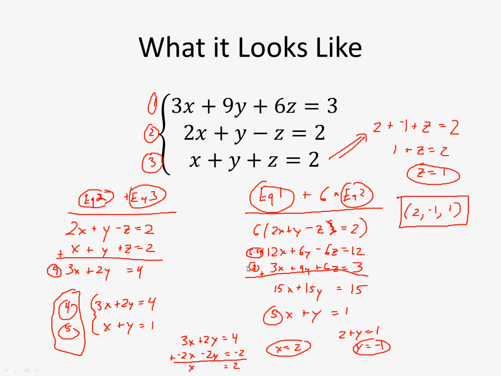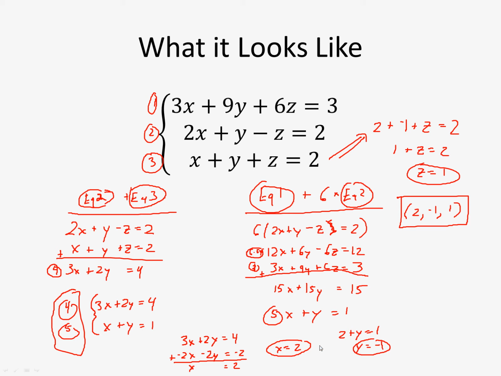Remember, we took equation 4 and equation 5, and we put them here as one system. We then solved this system by finding x and y. How we did that is we eliminated y here, and we got x was 2. We took that and plugged that value into this bottom equation to get what y was, and y was negative 1.